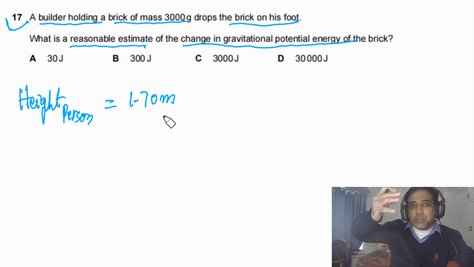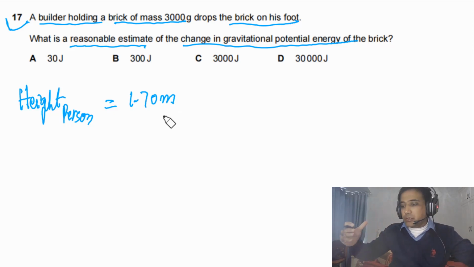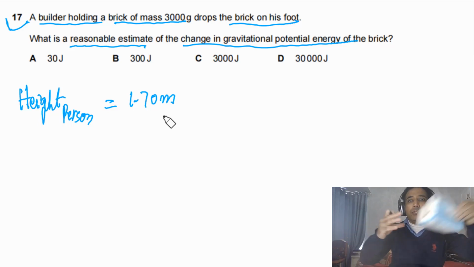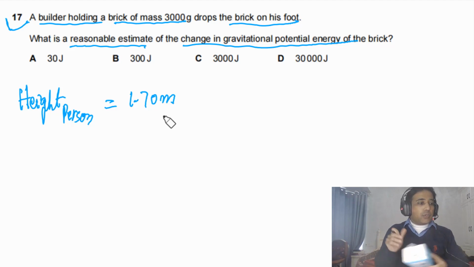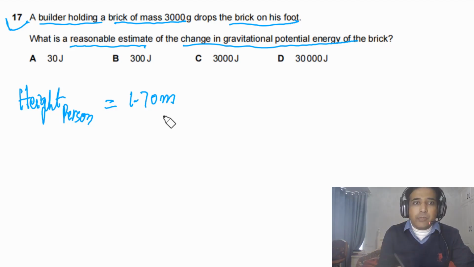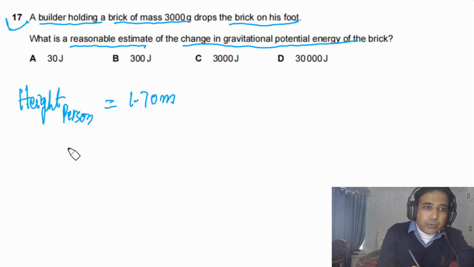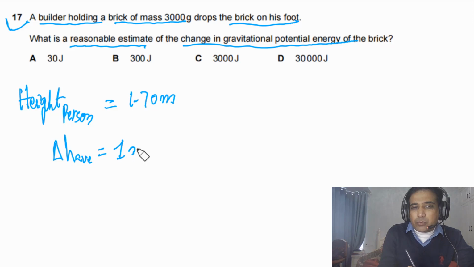Now this person is holding a brick and drops it. Imagine I'm holding this brick and drop it from here. So what is the height? The change in height can be roughly 1 meter.